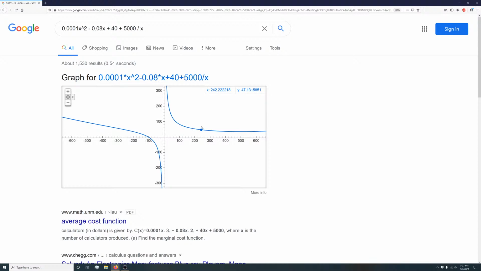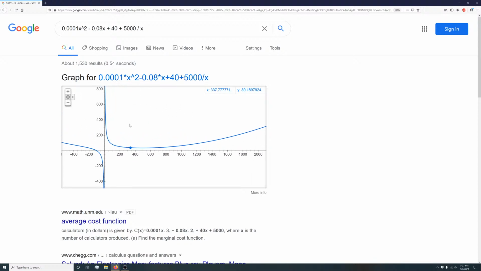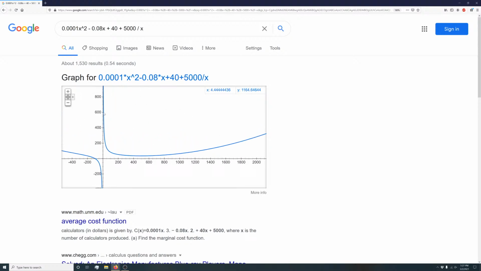Okay, there we go. So we're looking for a minimum. This is good, and this is what we expected, that this function is concave up over the entire x greater than 0.